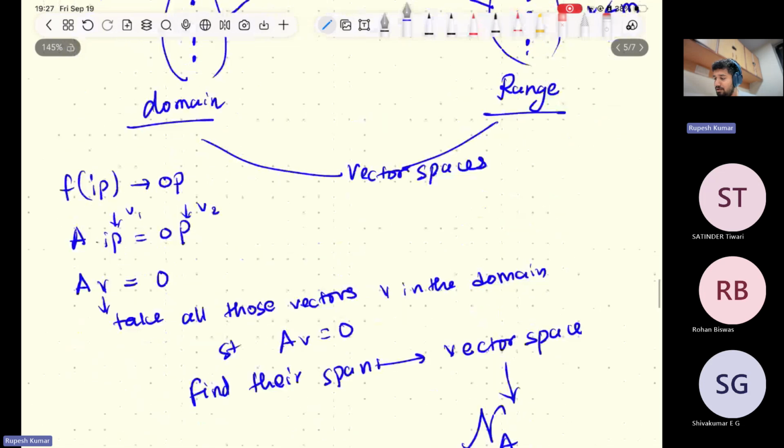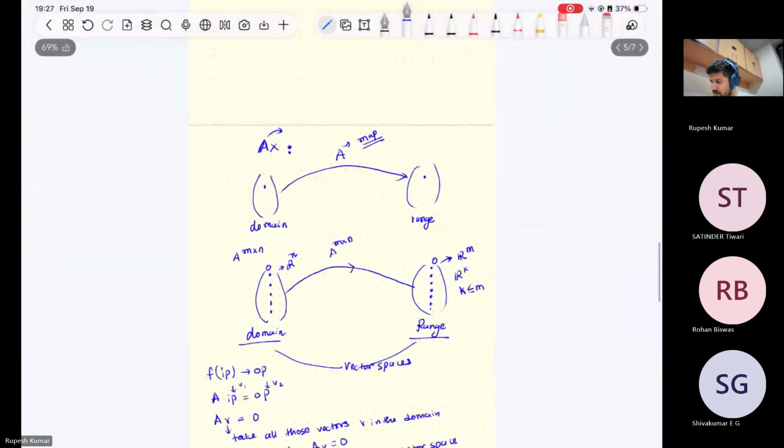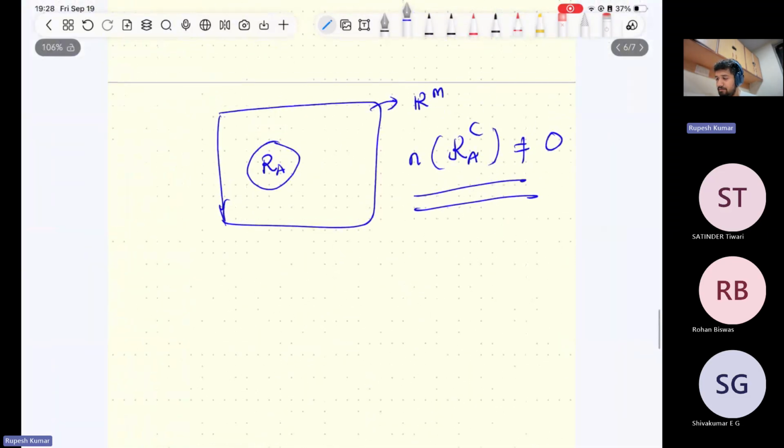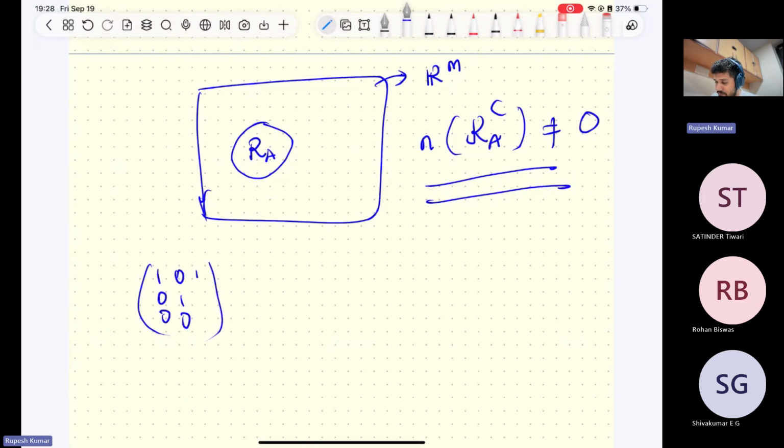If it's rank deficient, this null space thing will help you think about this. Let's say I'm taking a matrix like this: 1 0 0, 0 1 0, and 1 1 0.